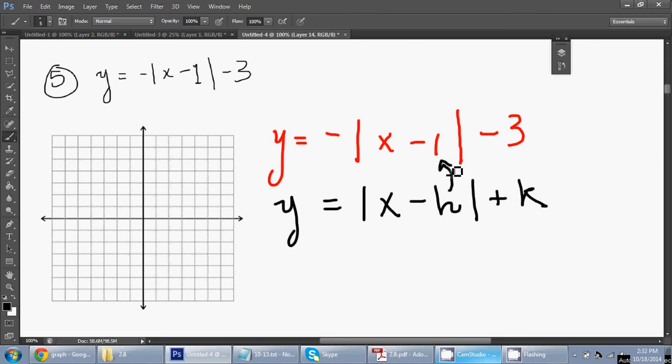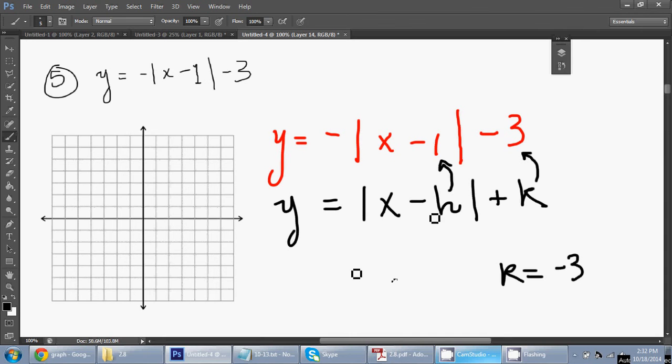So here in this scenario, here are the h and the k. K is easy. K is negative 3, because instead of plus k, it says minus 3. And then h is equal to 1. That's easy too: it's x minus h, x minus 1, so h is equal to 1.